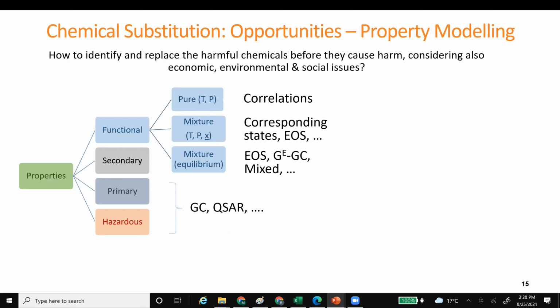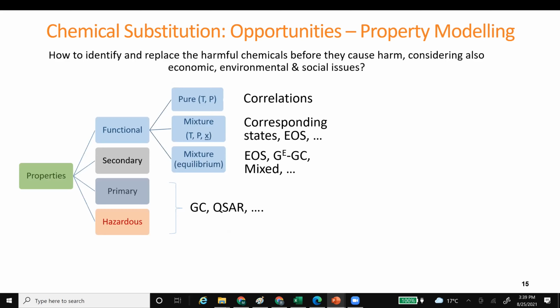For mixture properties, we need a model or measurements, but there are models that can generate those mixture properties, as well as the pure compound temperature and pressure dependent properties. Those models need the primary and secondary properties. If we have good primary and secondary properties, we can generate all the missing functional properties, as well as the hazardous properties.